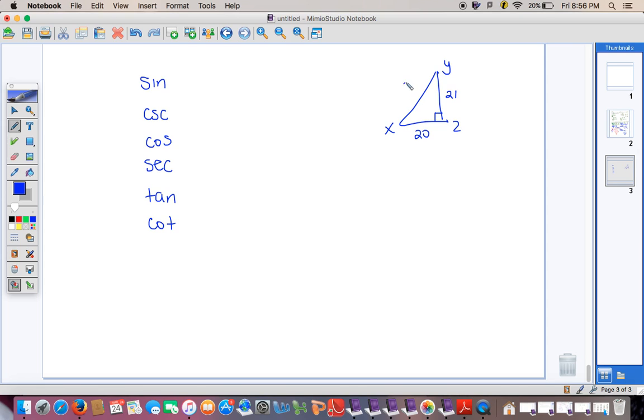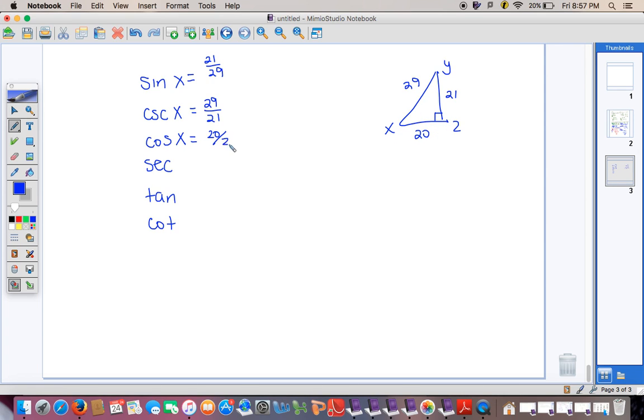We can say that the sine of x would be the opposite side over the hypotenuse, so 21 over 29. So we know the cosecant of x would be the reciprocal, because cosecant is the reciprocal function of sine, which would be 29 over 21. Next, we've got the cosine of x, which is the adjacent side over the hypotenuse.